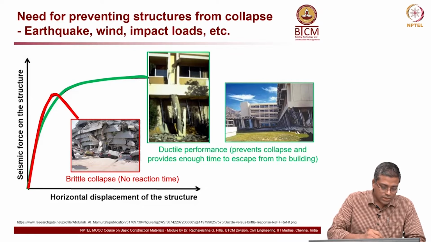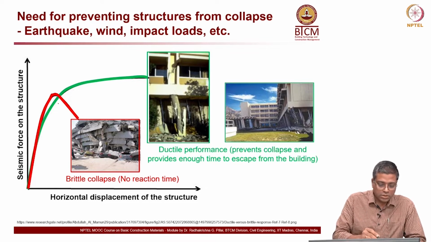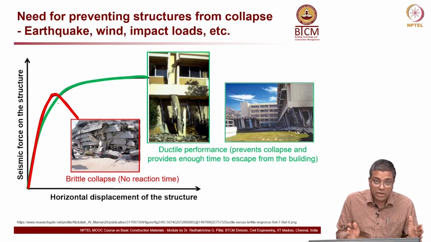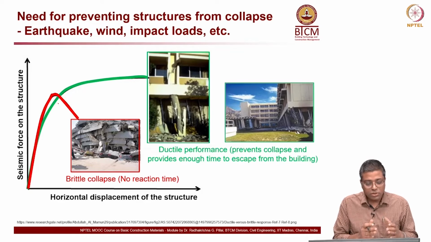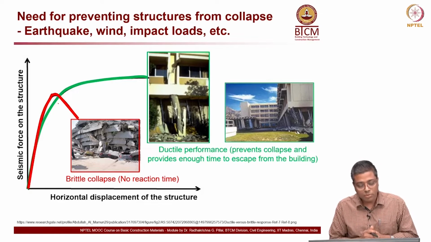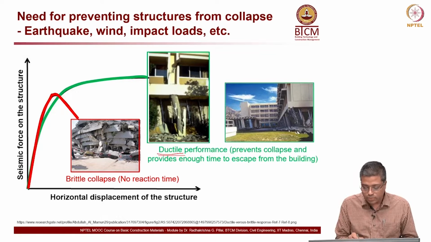The behavior of that building is represented by this red curve, which is showing very brittle behavior. In other words, the width of that graph is not very wide, and the area under the graph is relatively small.